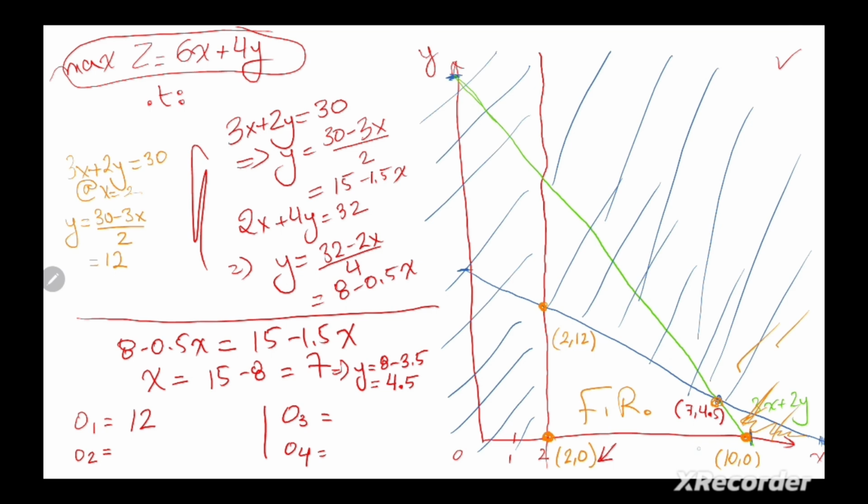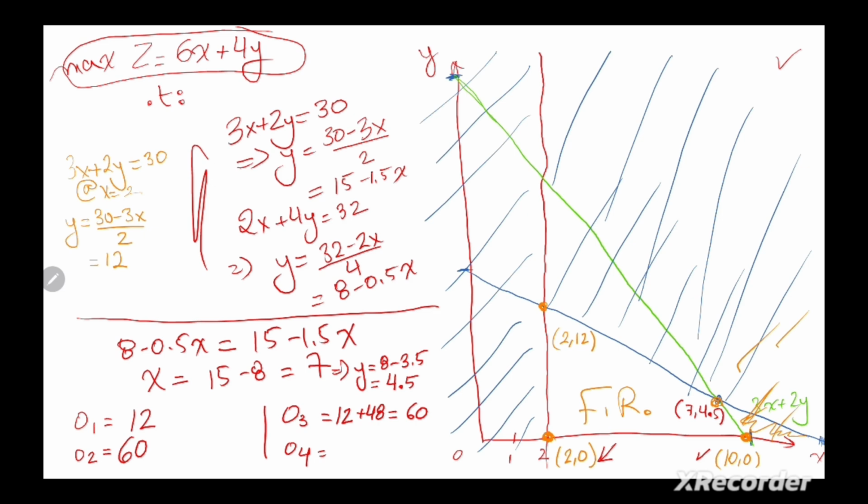Option 2 is 6 times 10 plus 0, which is 60. And option 3 is 6 times 2, which is 12, plus 4 times 12, which is 48. So 12 plus 48, you get 60 again.